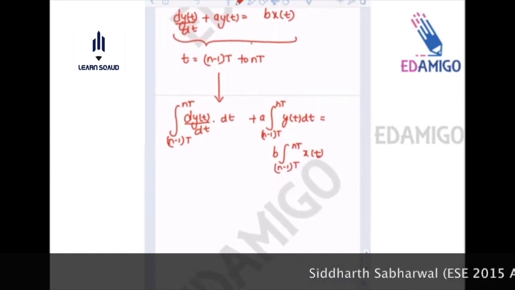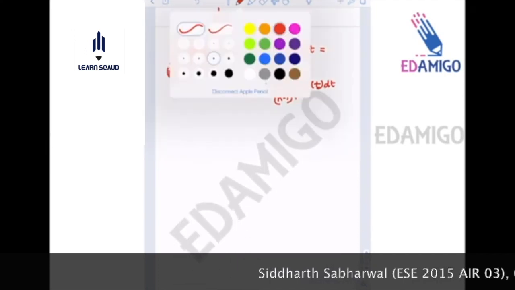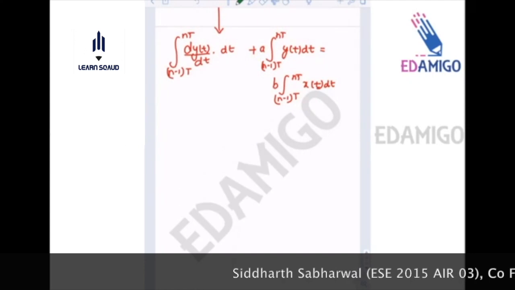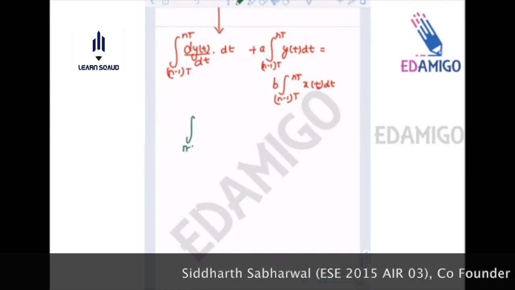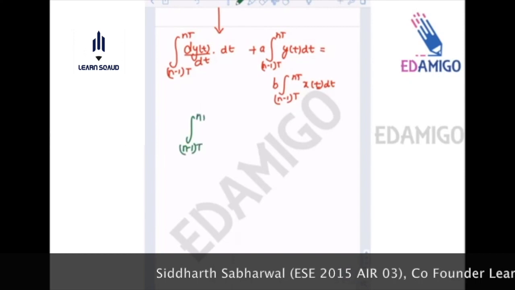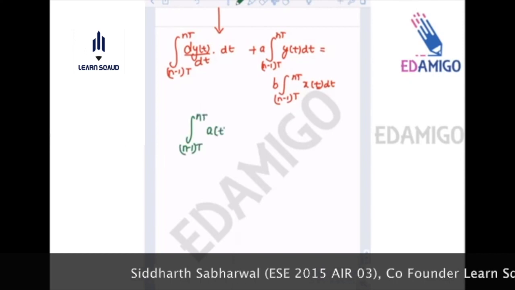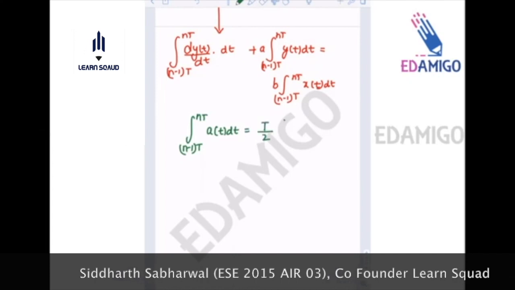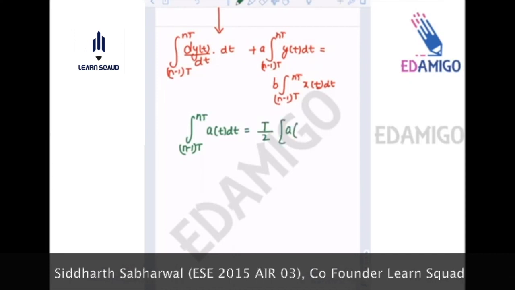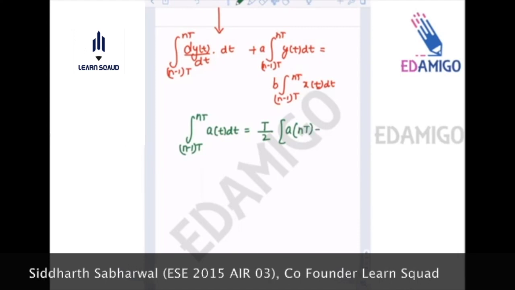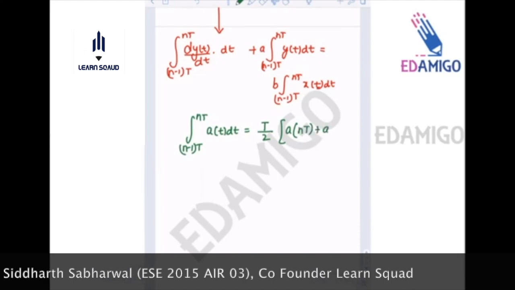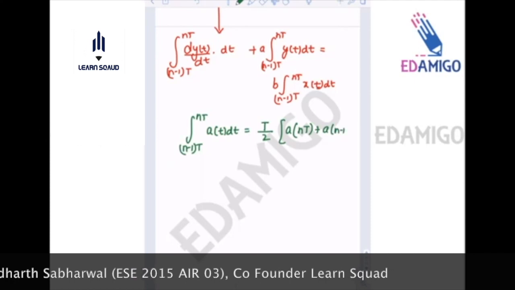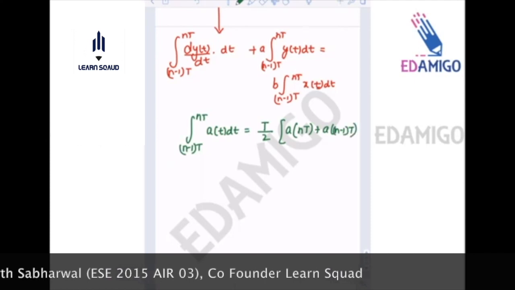Now we will use a rule that is called the trapezoidal rule of integration, which says that the integral of a(t) dt from (n minus 1)T to nT is equal to T by 2 times the value of a at nT plus the value of a at (n minus 1)T.